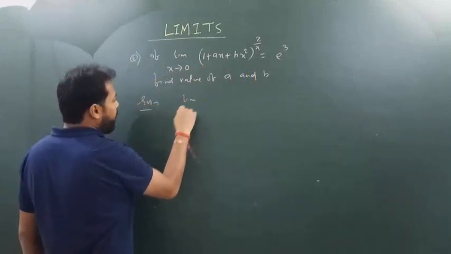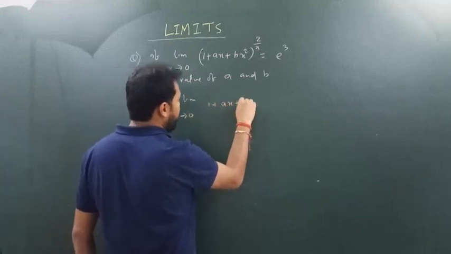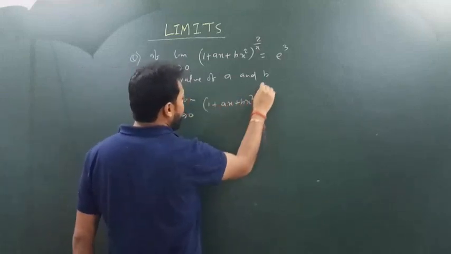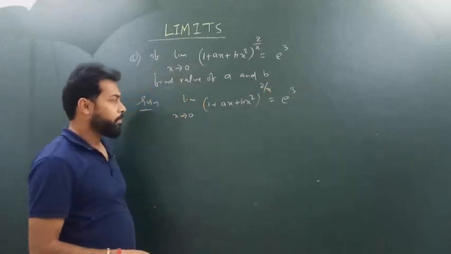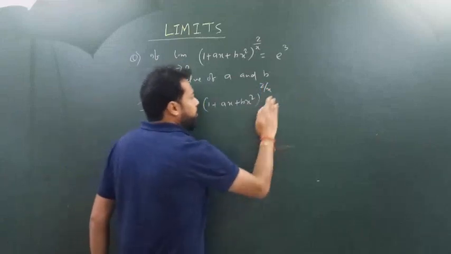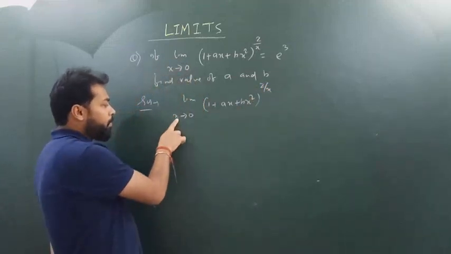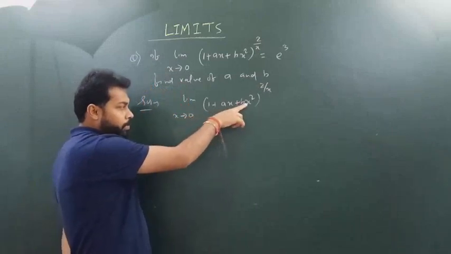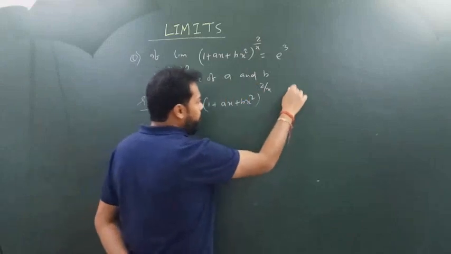If you put x equal to 0 here, this will become 0, this will become 0, and the power becomes 2 by 0, infinity. So this is 1 power infinity form.